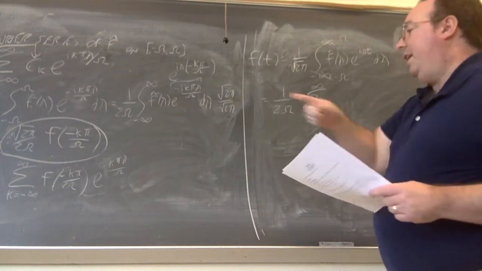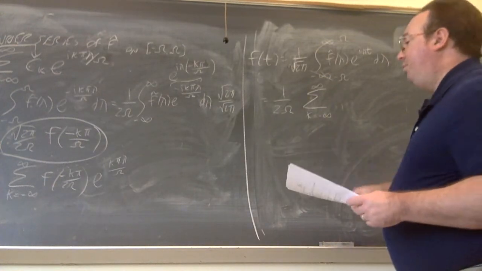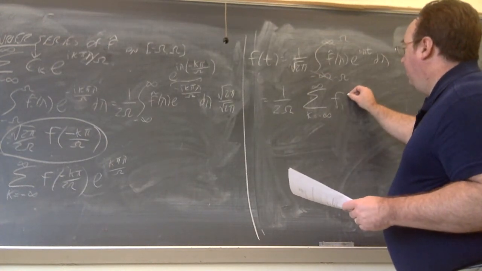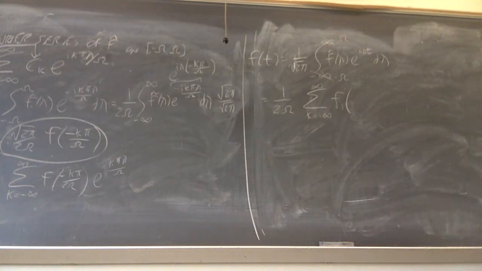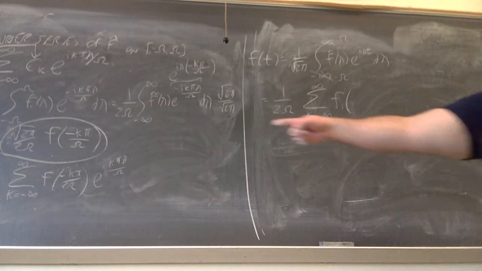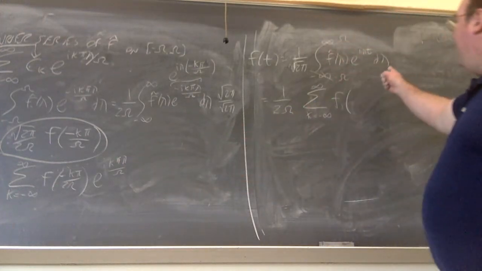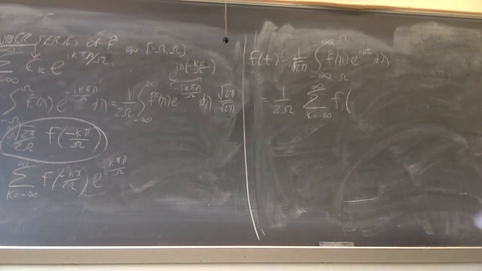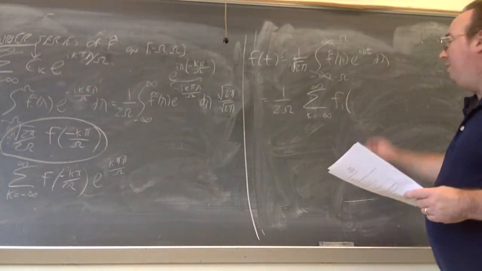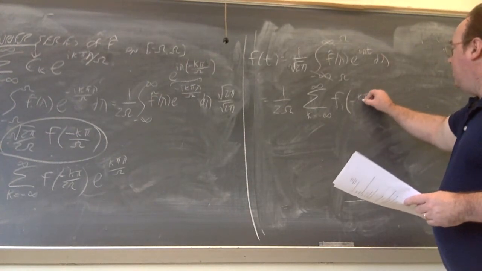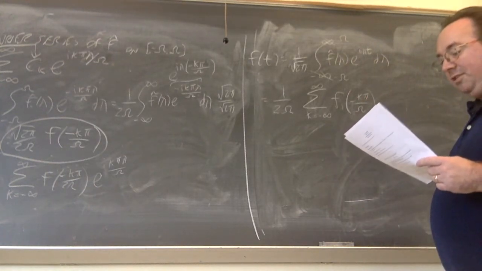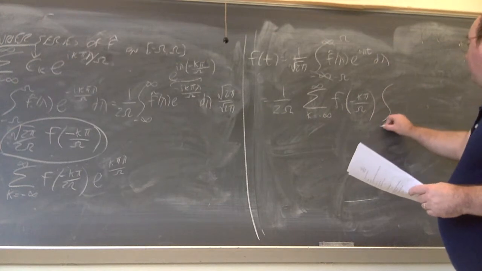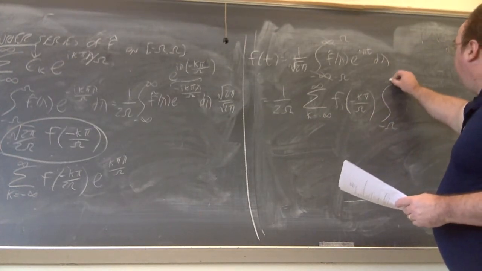So anything that doesn't depend on lambda, I can pull out. We were swapping to omega. K still goes from minus infinity to infinity. Lambda goes from minus omega to omega. So minus k pi over omega, and then what's left is the integral from minus omega to omega.